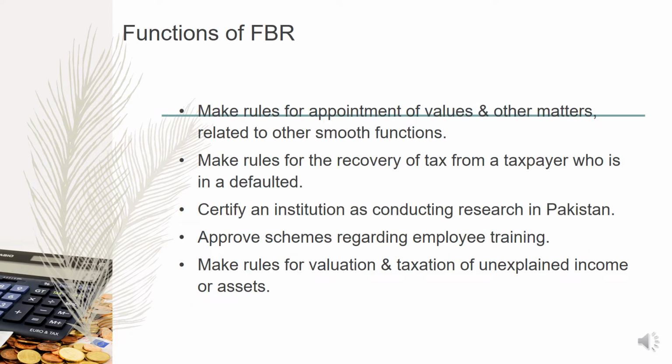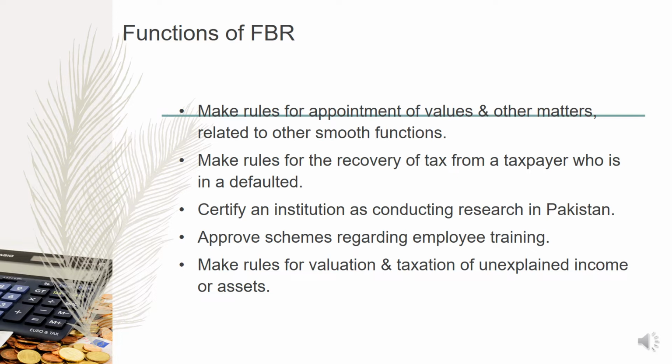The functions of FBR include making rules for appointments and other matters related to the smooth functioning of the whole machinery. They also make rules for the recovery of tax from taxpayers who are in default.